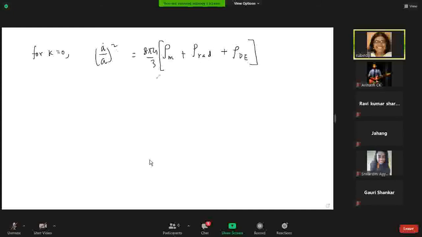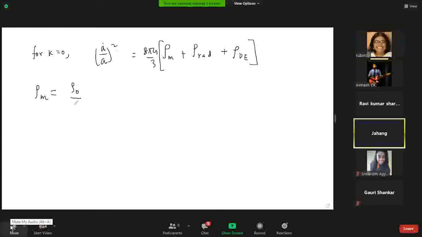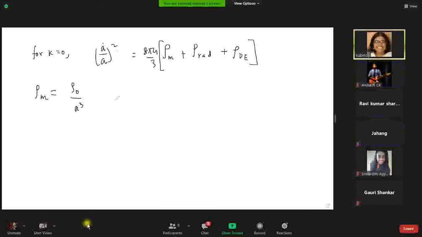So now I tell you that from last class, I know how rho matter goes as a function of the scale factor. Can you tell me how rho matter goes? Some rho naught by a cubed, the volume.